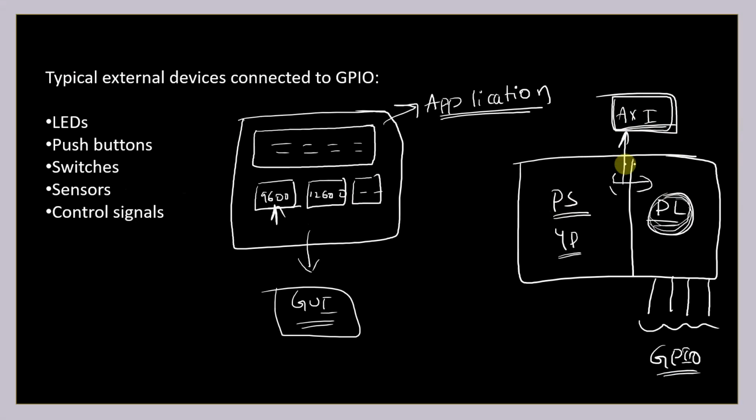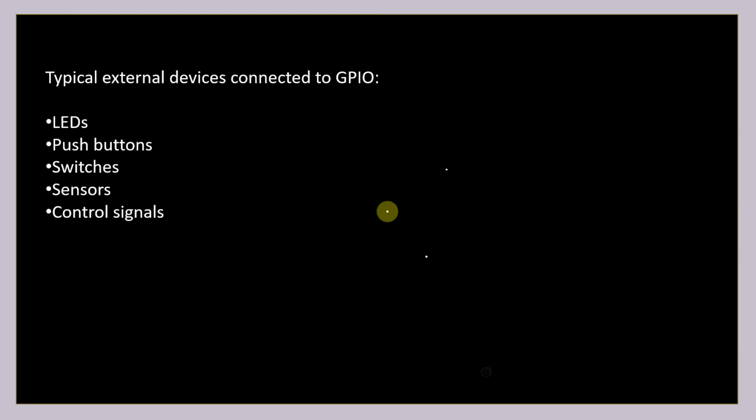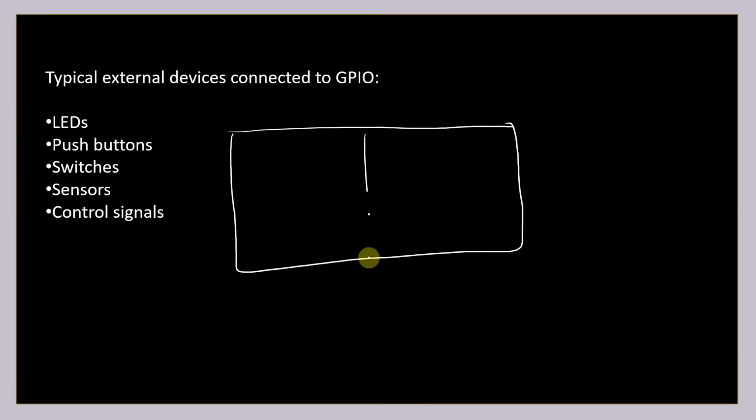Using the AXI interface, your processor and FPGA fabric communicate with each other. Coming to the FPGA fabric side, it has successfully received the data the processor sent. This is my processor and this is my PL, the FPGA fabric, and I'm using the AXI protocol, where the processor sends data to the FPGA side.